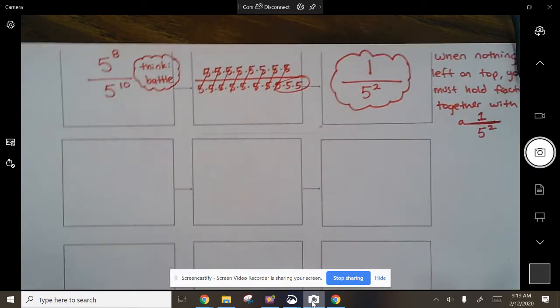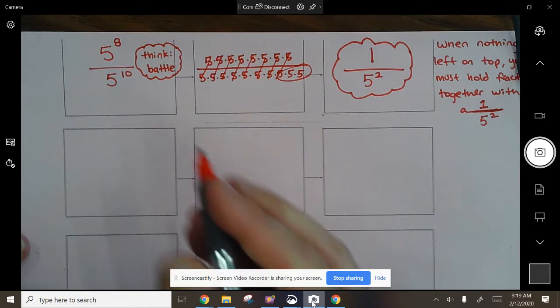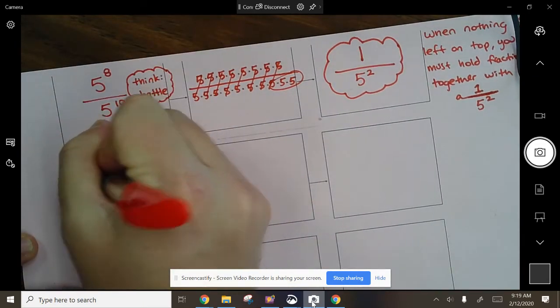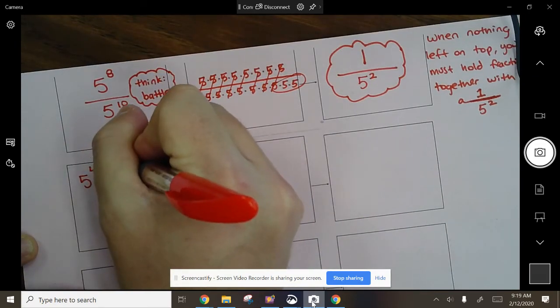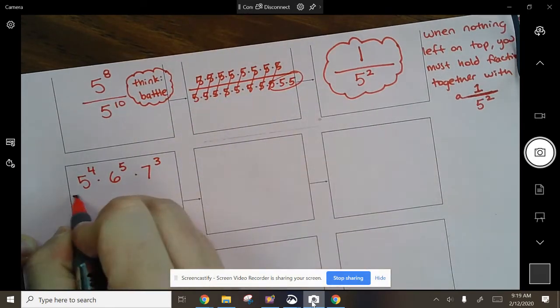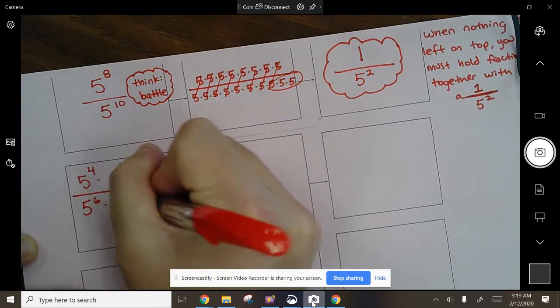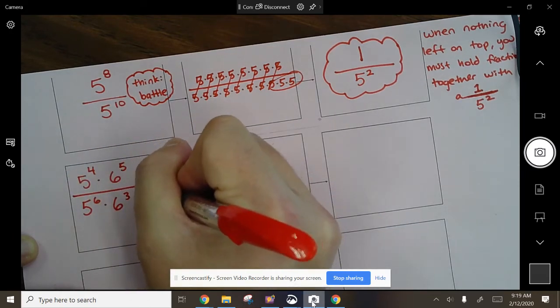All right, now let me show you one similar to this, but let's level up a little bit. 5 to the 4th times 6 to the 5th times 7 to the 3rd, all over 5 to the 6th times 6 to the 3rd times 7 to the 5th.